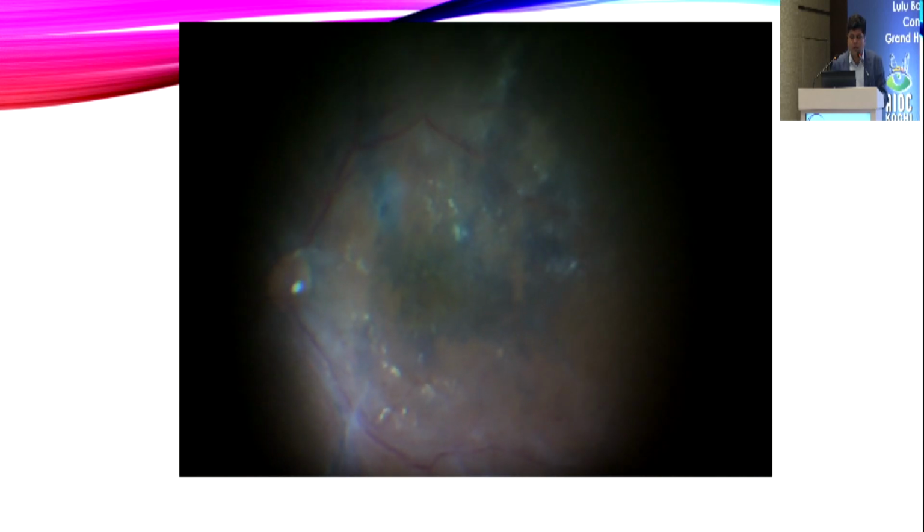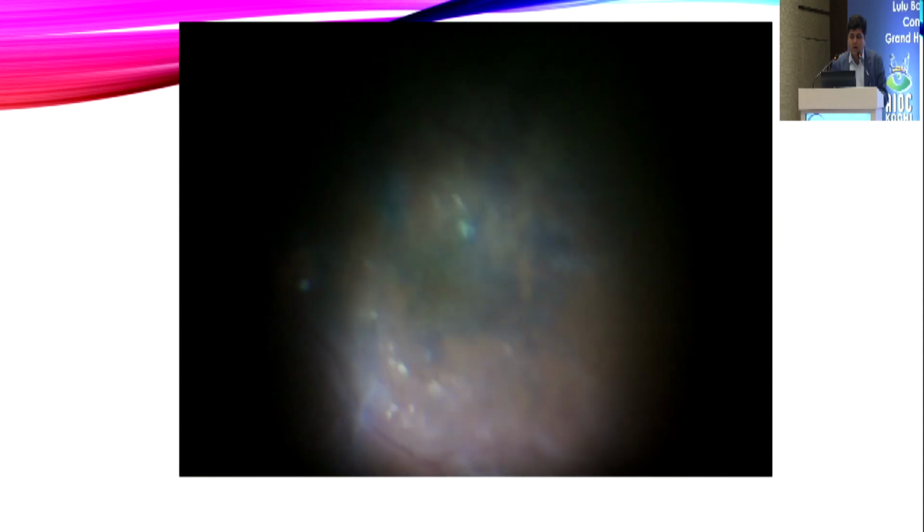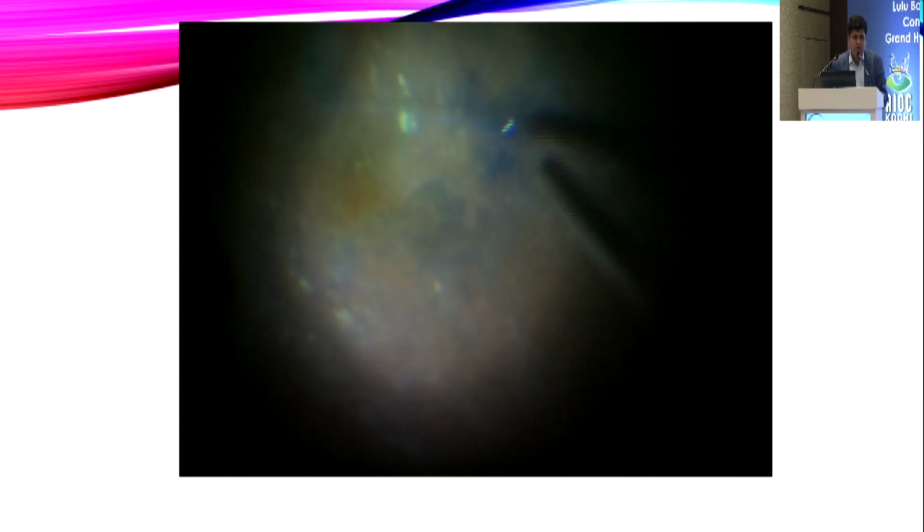In the second case, many times the membranes are very adherent and it's difficult to peel them as a separate layer. So we give triamcinolone and brilliant blue injection together and try to find the edge, and it comes out in pieces.